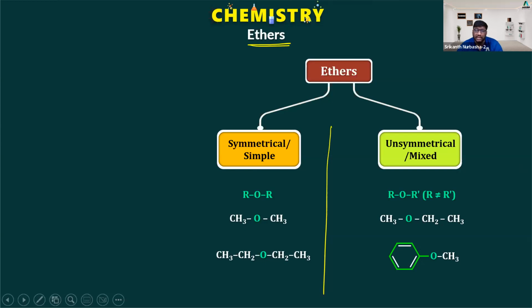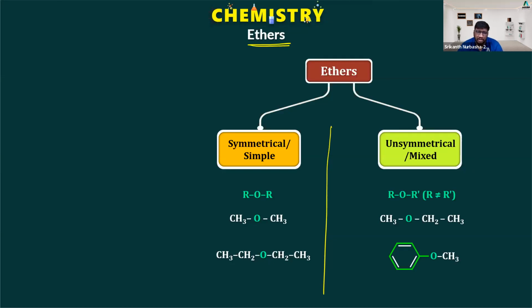Symmetrical ethers and unsymmetrical ethers have different techniques of preparation. Can you list out, from the previously discussed concepts only, any method where you can generate ether? Like the dehydration reaction we have discussed.